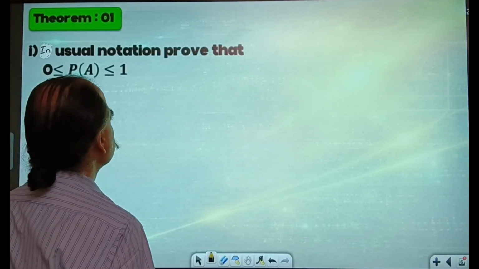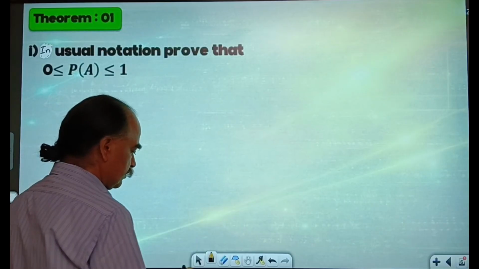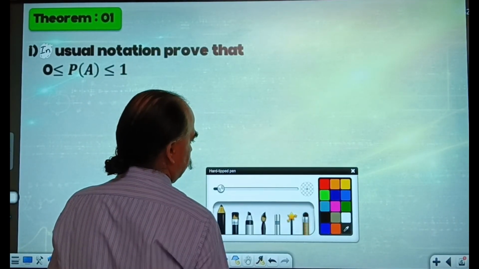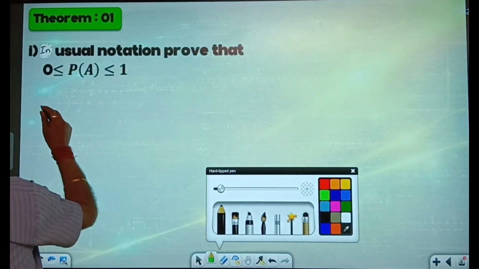In usual notation, prove that 0 ≤ P(A) ≤ 1. Very important theorem.